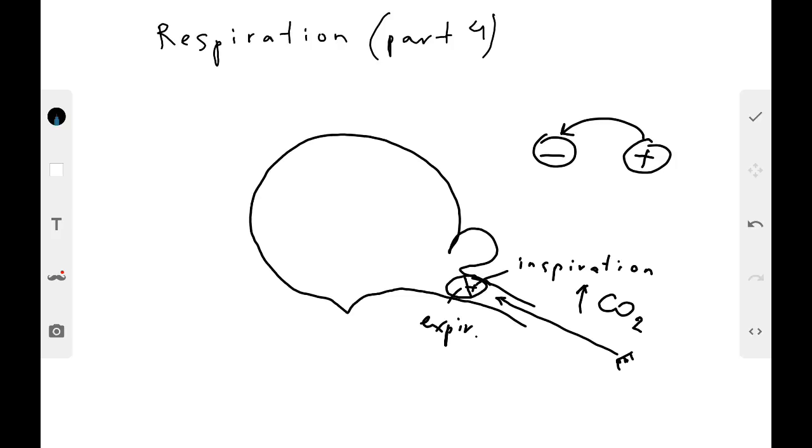Why does it happen? Because carbon dioxide is accumulated in the blood of the individual, peripheral and central chemoreceptors are stimulated, and the inspiration center gets excitation and hyperpnoea is induced.